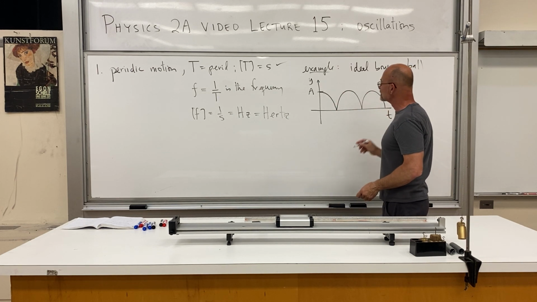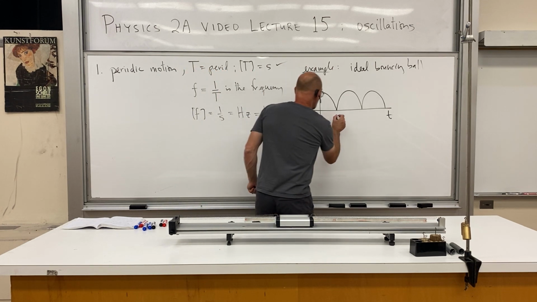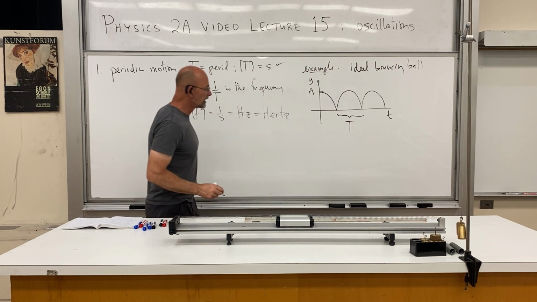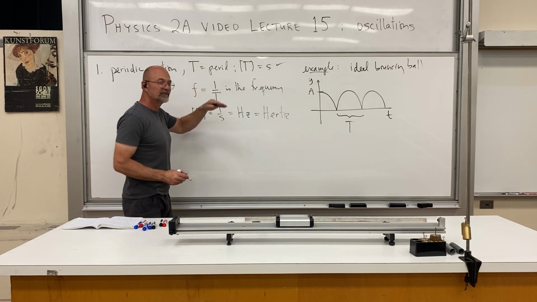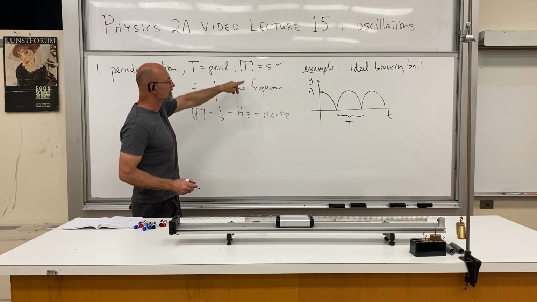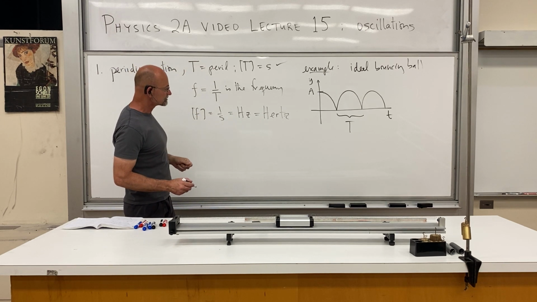So that would actually be a periodic motion, the ideal bouncing ball, and its period would be the time right here. And the frequency would be 1 divided by that time. Frequency is the number per second of oscillations, whereas the period is the time it takes for an oscillation.